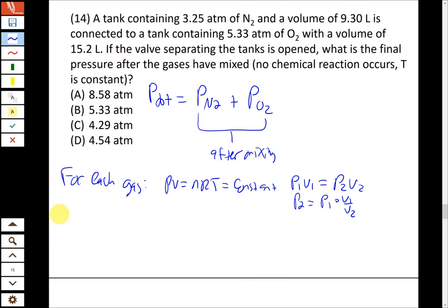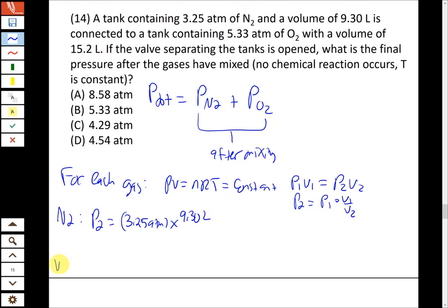So for nitrogen, the partial pressure after mixing is P1, the initial pressure, times V1 over V2. The initial volume for nitrogen is 9.3 liters. And then once we mix the two gases together, they're going to occupy the total volume that they have available to them.